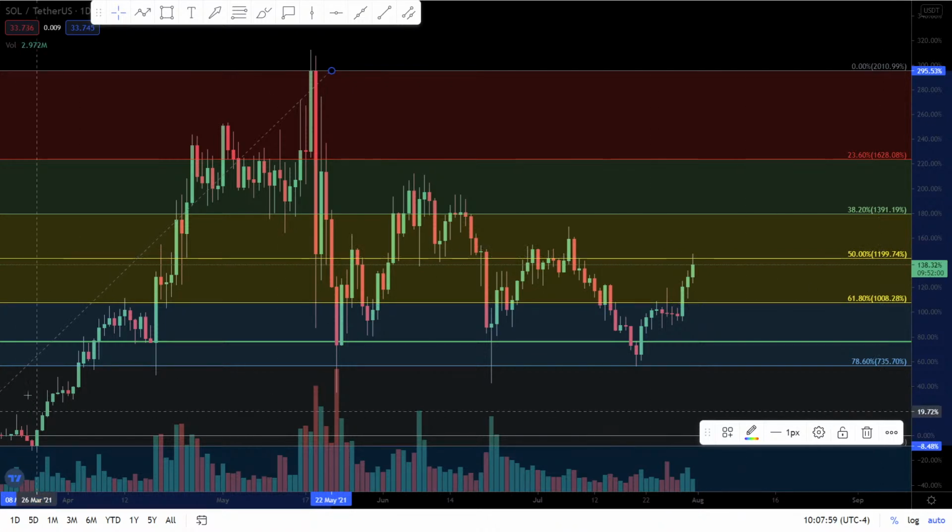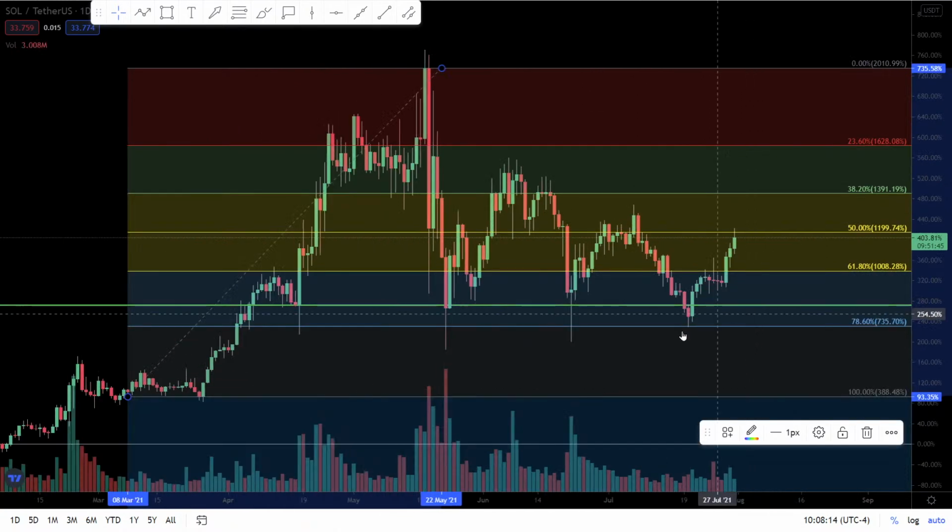So we can see the trend line, this dotted line to the left, and the general trend was upward. Now let's move it closer to home. Let me make this a little tighter.